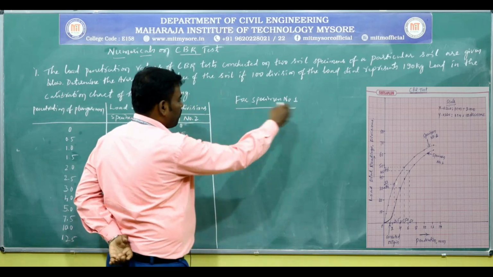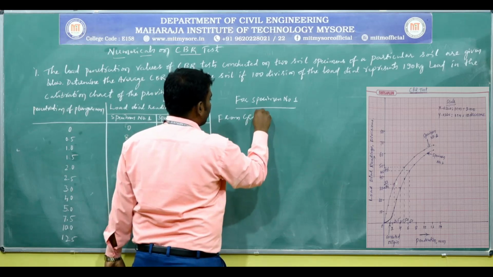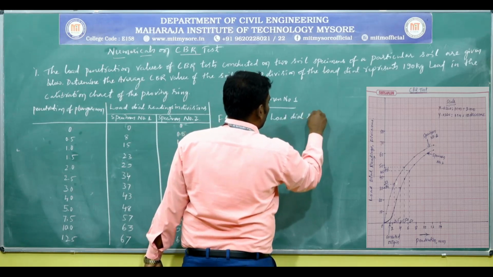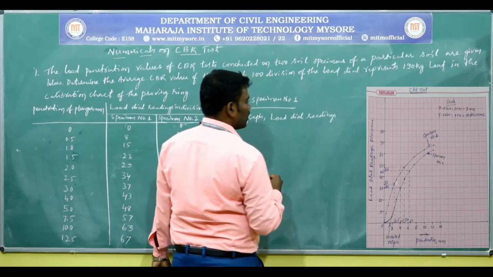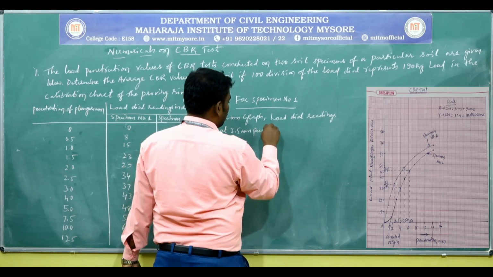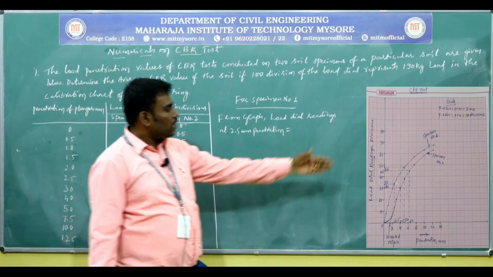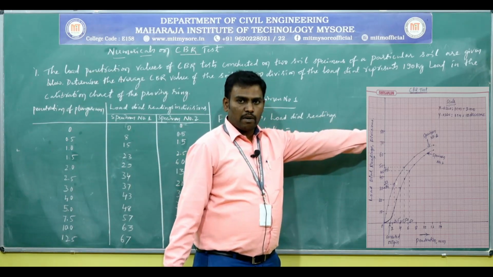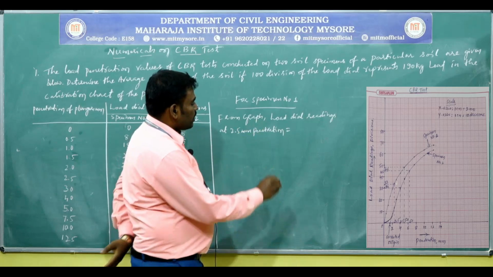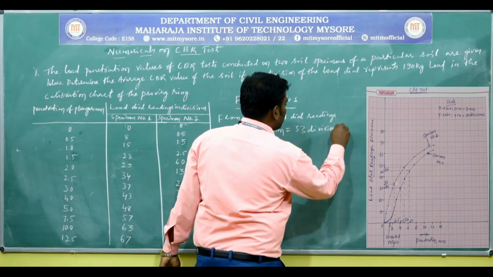See here, for specimen number 1, from the graph, the load dial reading at 2.5 mm penetration is about 33 divisions.